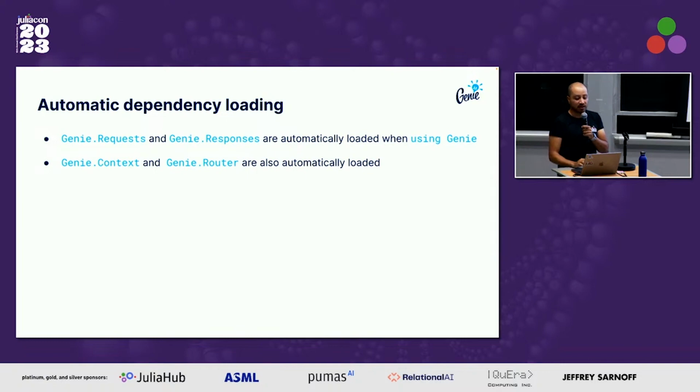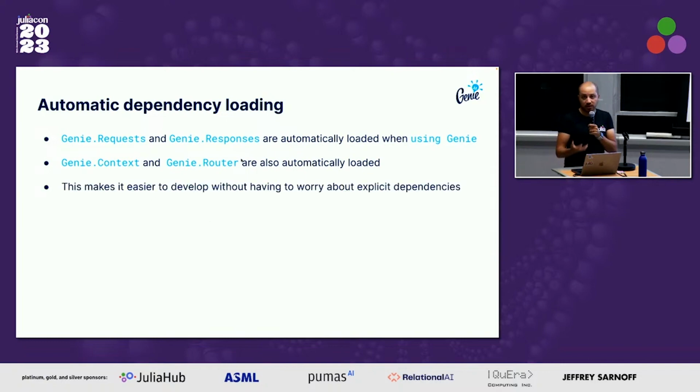This is also the same for the context and the router modules. And this automatic loading of these modules makes it easier to develop, since you don't have to pay attention or worry about importing explicit dependencies. Now you can just use the function calls in these modules directly without having to add any more explicit dependencies.